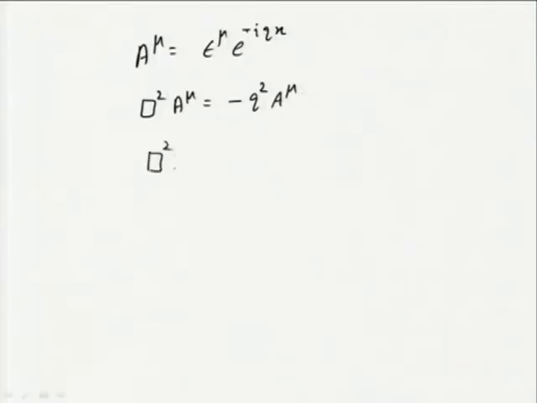In this case, if you write A mu as epsilon mu function of q, e power minus i q x, then box square A mu is essentially minus q square A mu. But then we also have box square A mu equal to J2 mu.